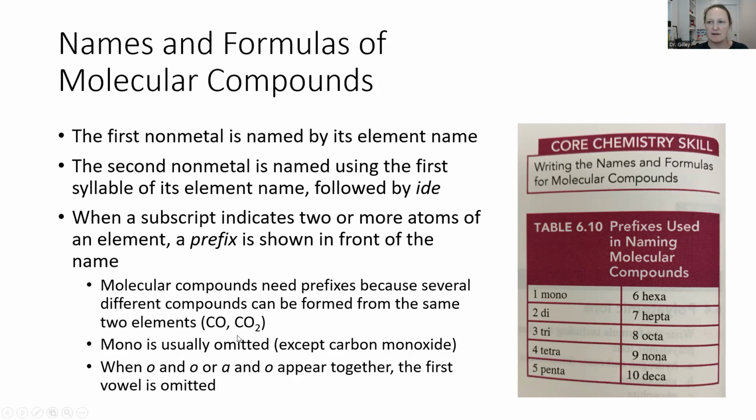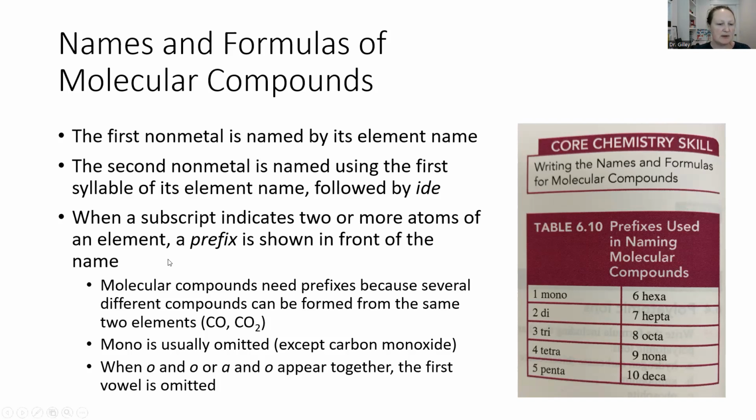And remember that these are not forming ions. So we're not looking at oxide as in O2 minus, right? They're sharing electrons in this case as opposed to forming ions. So we can't just look at charge to figure out what the subscripts would be. That's why we use these prefixes with molecular compounds.